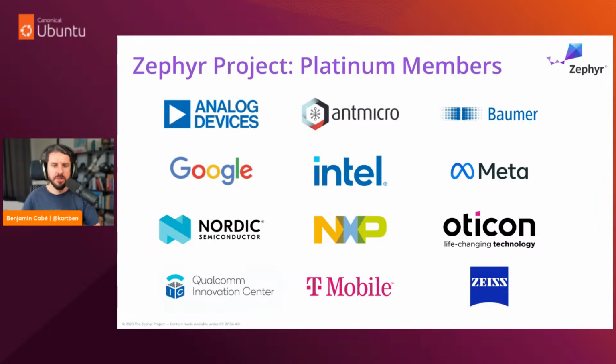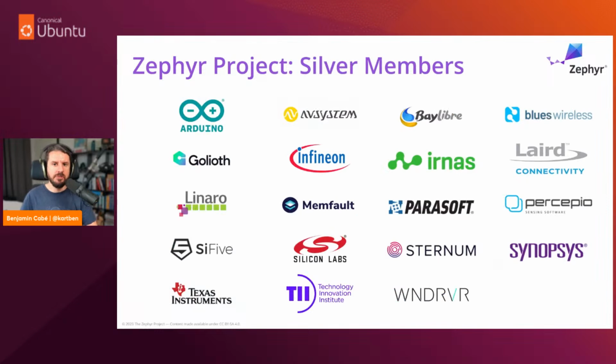And for them, it's important that Zephyr is overall healthy, because that means they are running software that works well, but it also means that when they need developers and engineers that are knowledgeable about Zephyr, it's more likely that they will find some on the market if the community is really healthy.